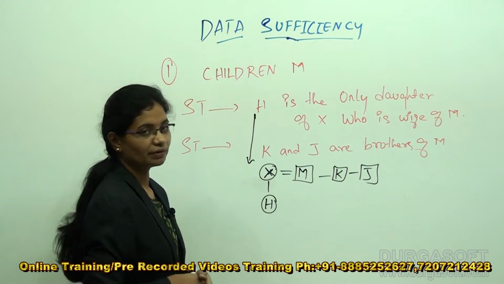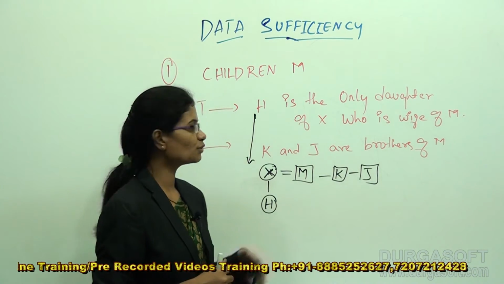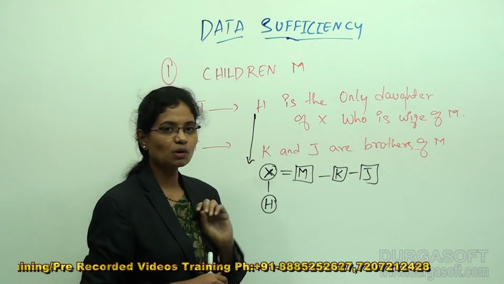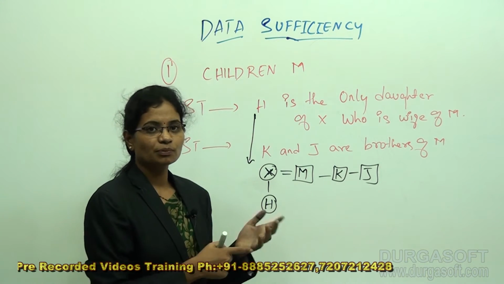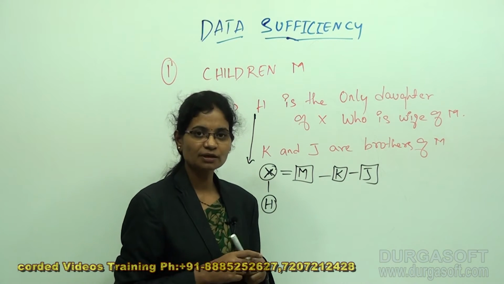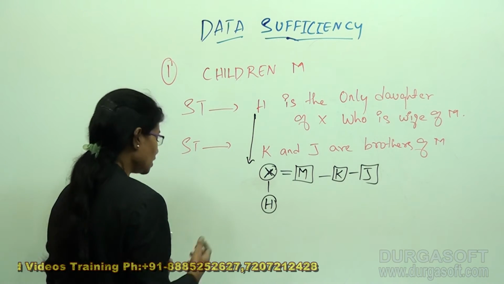So with only one statement I am not getting the answer, and if I combine 1 and 2 also I am not getting the answer. So my answer will be both 1 and 2 are not sufficient to answer the question. This is how you can go with the questions. Let's see another problem.